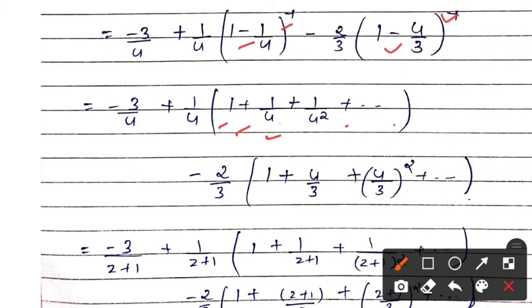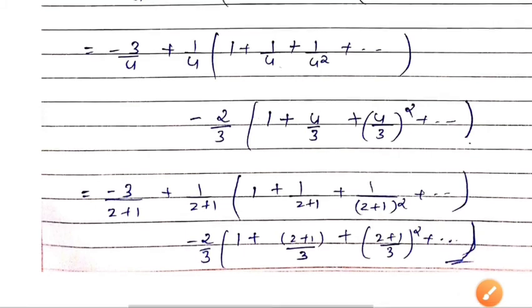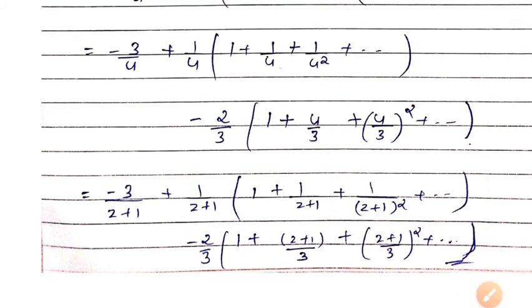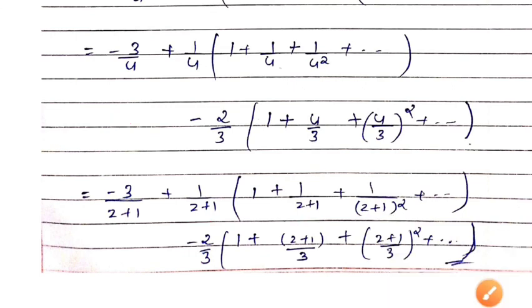So I get 1 plus u by 3 plus u by 3 whole square and so on. But in the starting of our example, we have assumed u as z plus 1. We have taken u equal to z plus 1. So I will replace u everywhere by z plus 1. See, I have replaced here u by z plus 1.